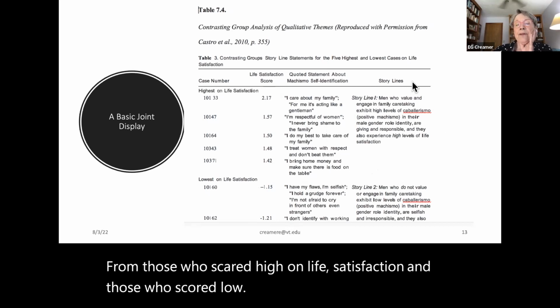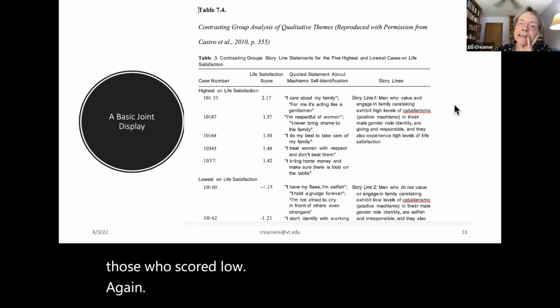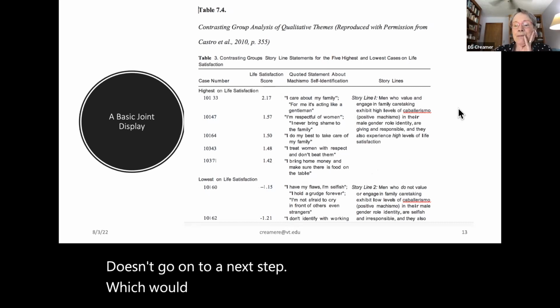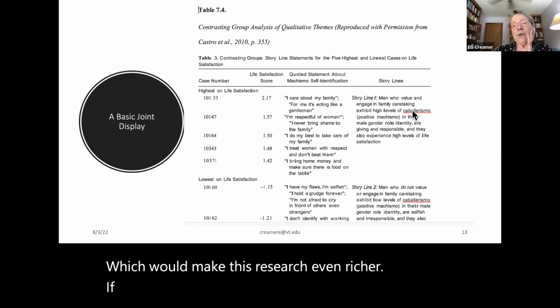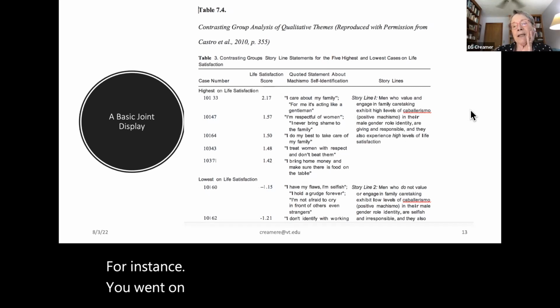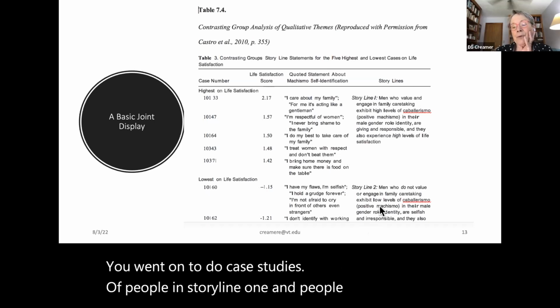Again, it doesn't go on to a next step, which would make this research even richer if, for instance, you went on to do case studies of people in storyline 1 and people in storyline 2.